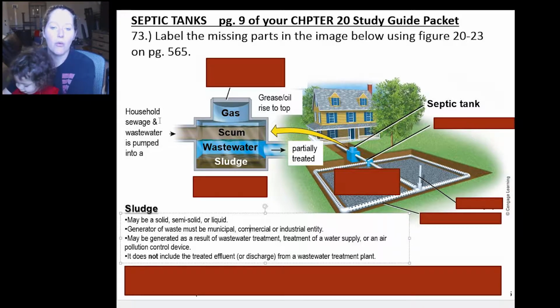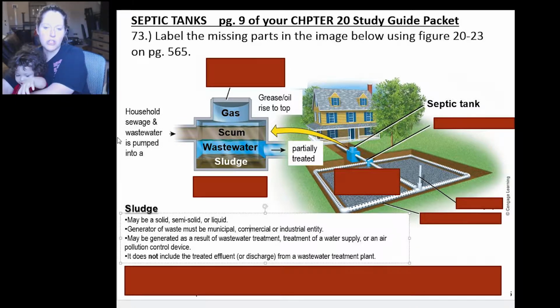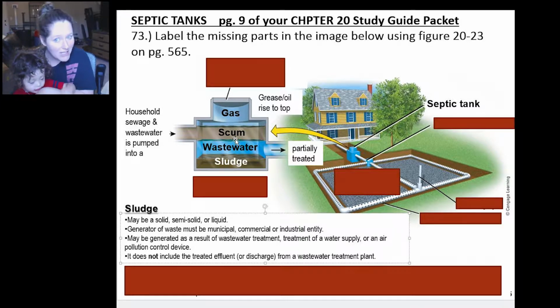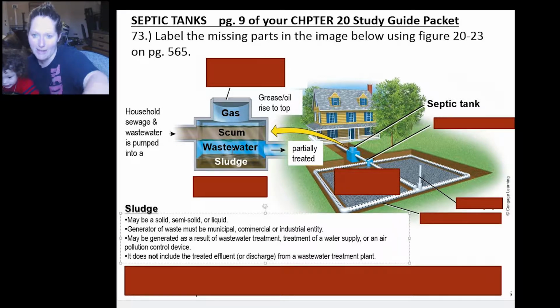As your household sewage wastewater pumps in, it's the heavier things that are going to float to the bottom. That's technically the sludge. So again, it could be liquid, it could be a solid, it could be semi-solid. So just think of bigger things that are going to fall down there.